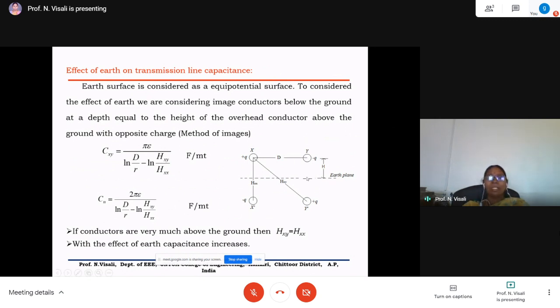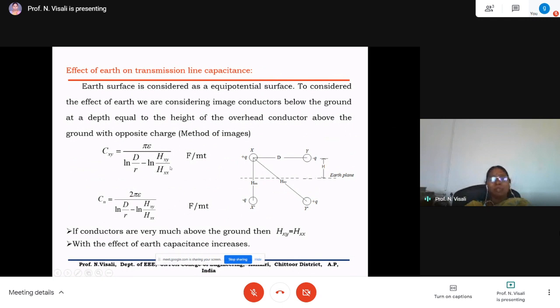So because of that, the capacitance calculations will be modified. Previously, the capacitance between the conductors was pi epsilon by Ln of D by R. But due to the presence of earth, image conductors are going to be considered.